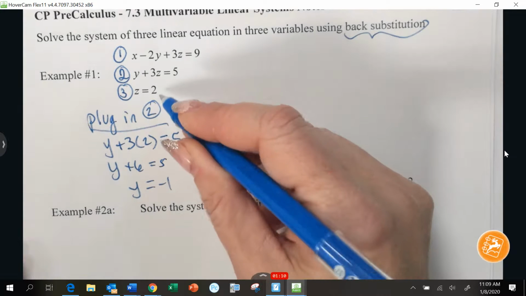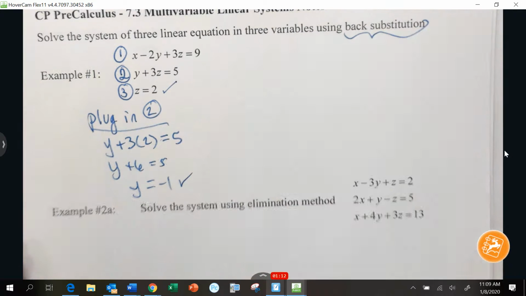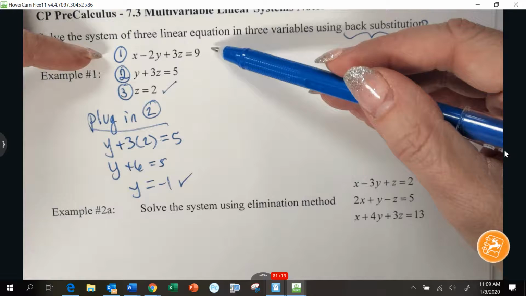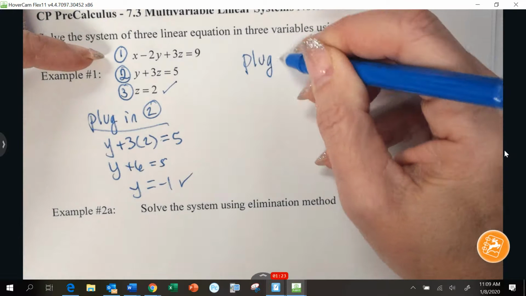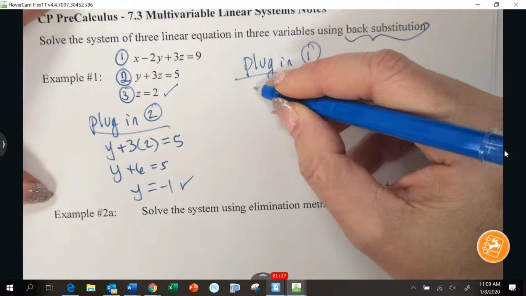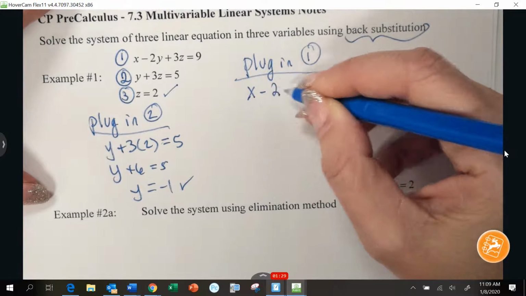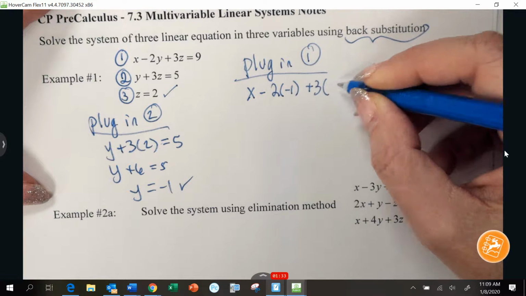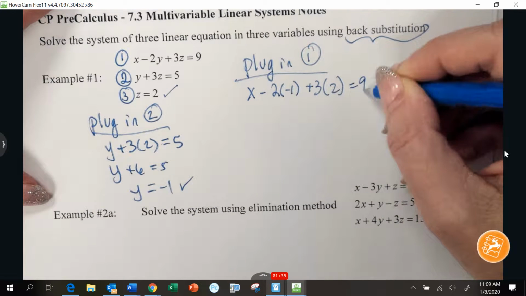So if I know that z is 2 and y is negative 1, how would I find x? We're going to go back and plug it into equation 1. X minus 2 times negative 1 plus 3 times 2 has to equal 9.